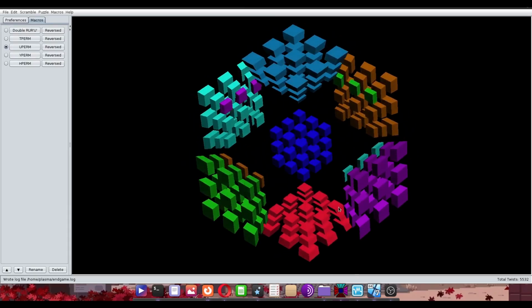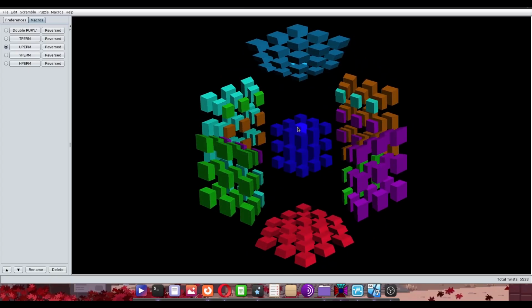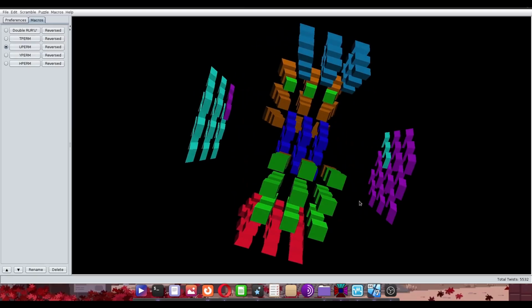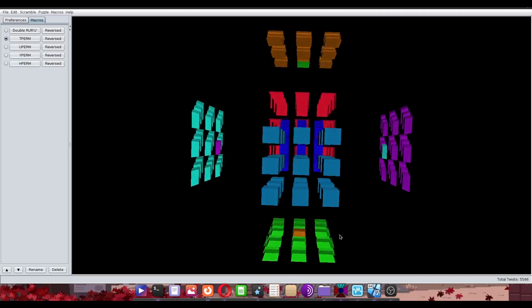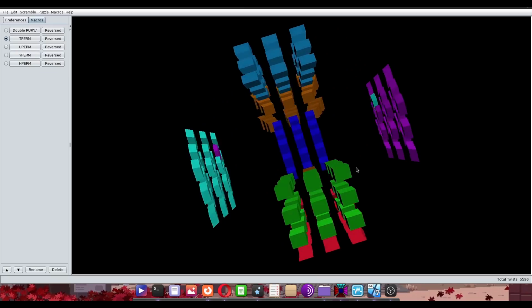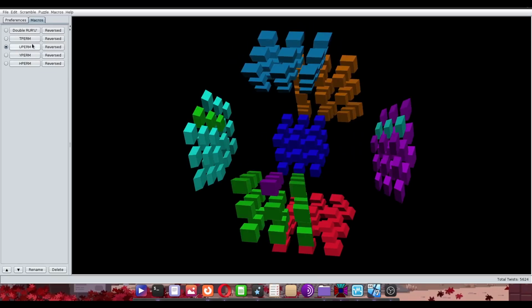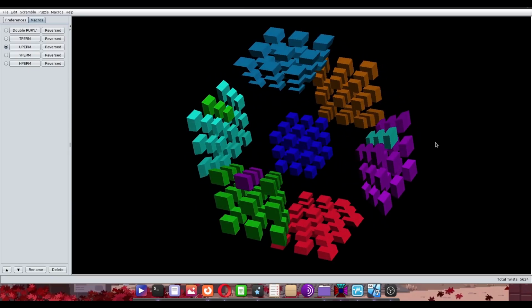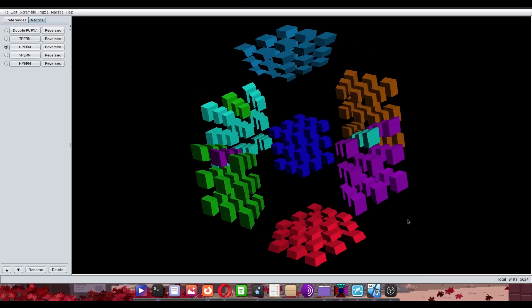Now, I had solved the layer, but it wasn't rotated the right way. So, what I did was I had done a Y-perm, rotated, and done another Y-perm to align things. However, the edges were slightly messed up, and all I had to do now was use U-perms again to align the edges, and I had reduced the cube, or the hypercube, I should correct myself, to a 3D cube.